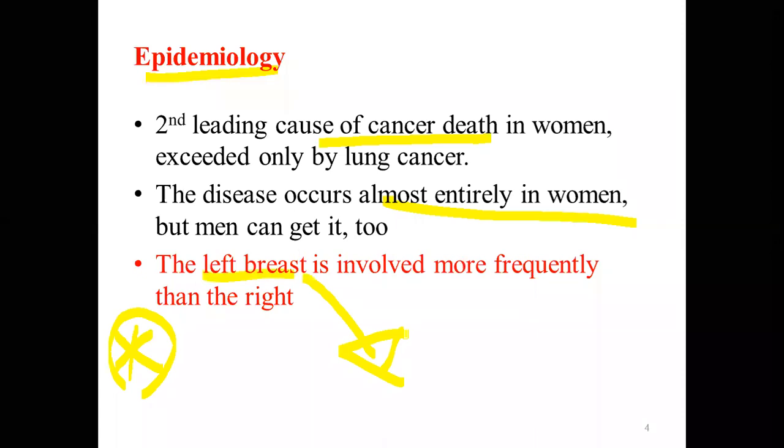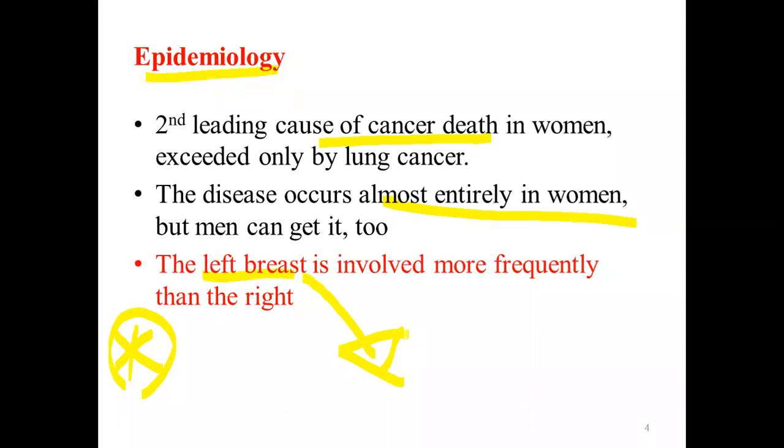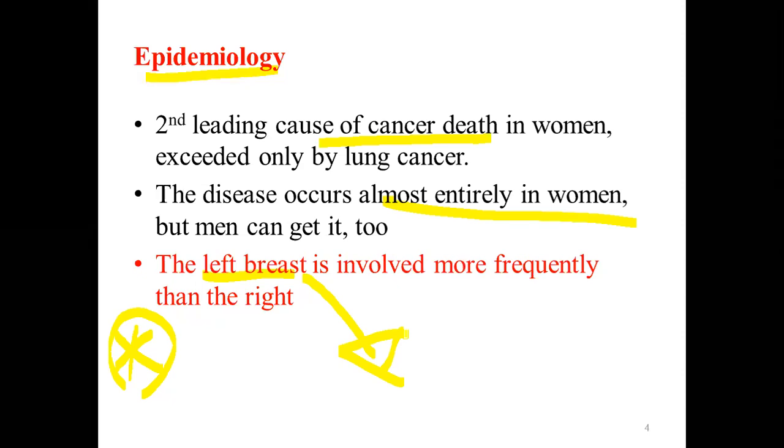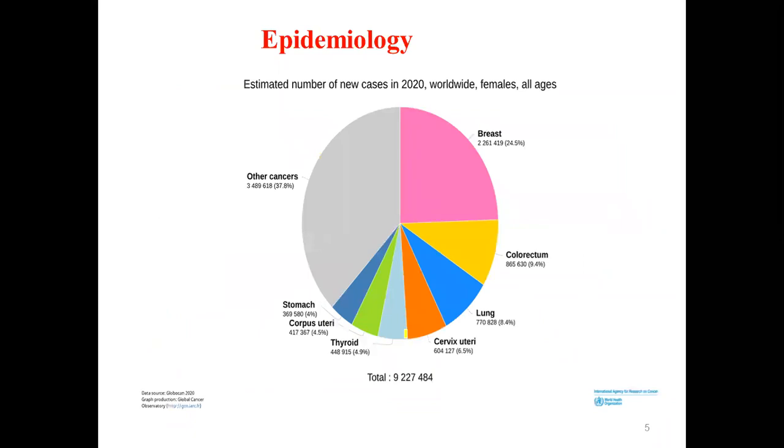I don't know whether that increases the chance of breast cancer. But anyway, left unilateral breast cancer is usually very common. But remember, if it is not treated, there is a possibility that it can involve the right breast. So if it is not treated, it can actually involve the other breast. But in most of our settings, the left breast is involved more frequently than the right breast, according to epidemiological studies.